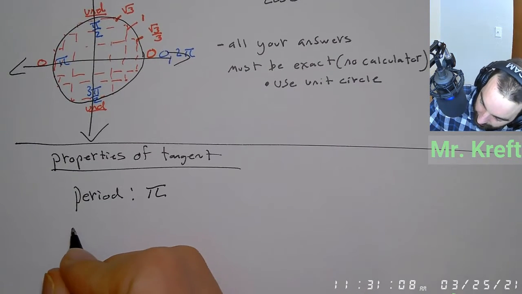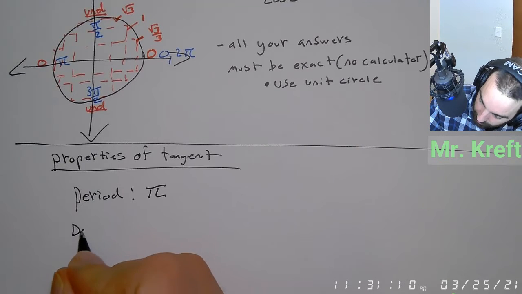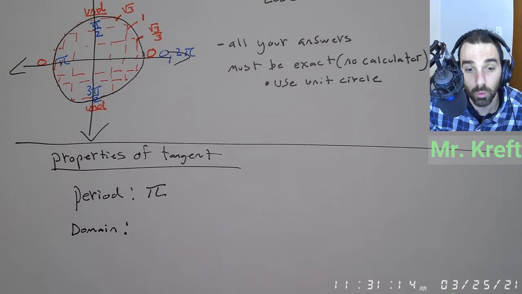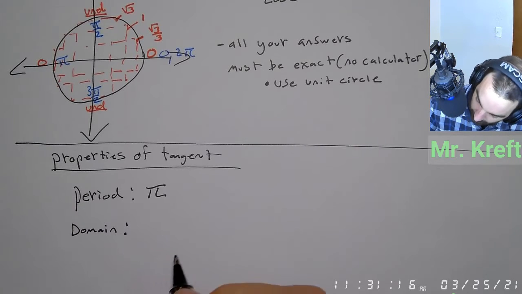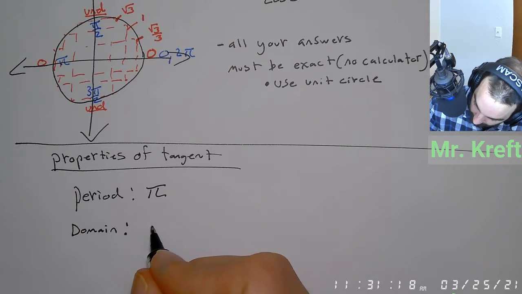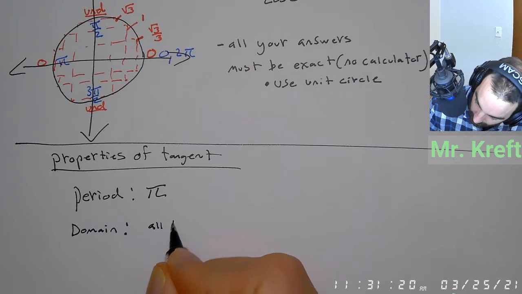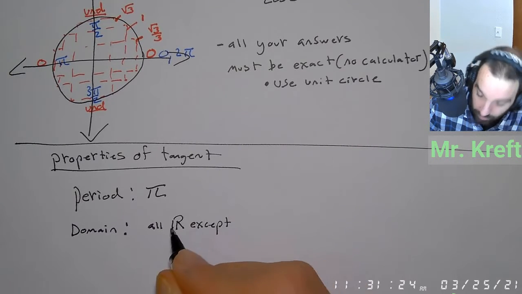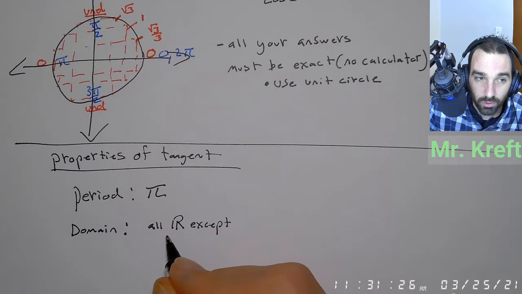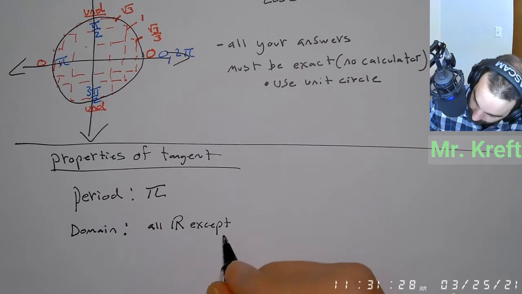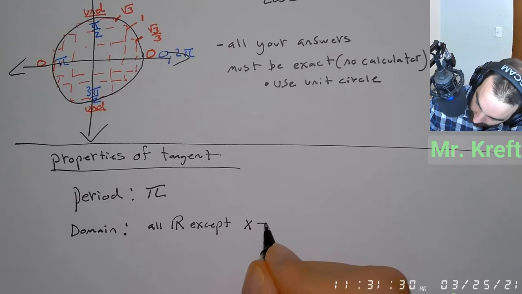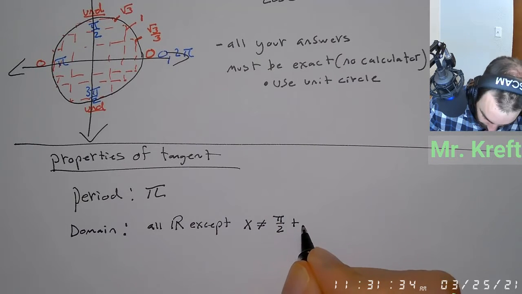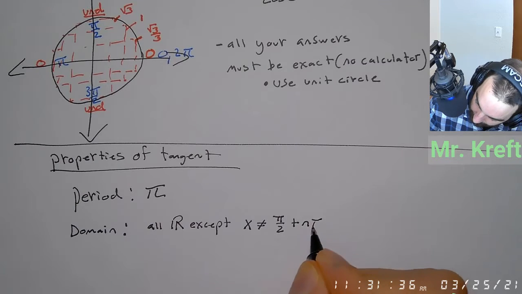Then we also have to remember the domain. If you forgot, domain is what works for the input. It's all reals except, this is just a fancy symbol for reals. So it's all real numbers except x cannot equal pi over 2 plus n pi.